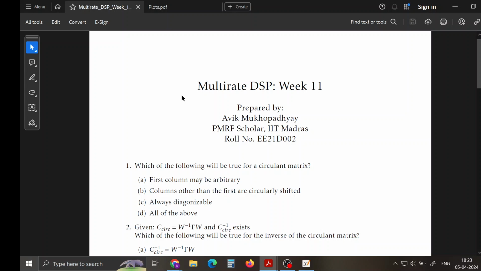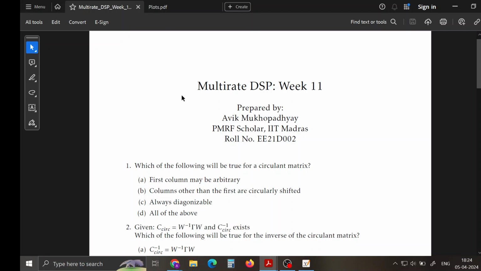So we know that, as the name suggests, circulant, there is a circular shift property going on in the matrix. You can think of it either row wise or column wise, whichever way. If you think column wise, then the first column of the matrix can have any arbitrary entries, and it's a square matrix, and the second column will be the circular shift of the first column.